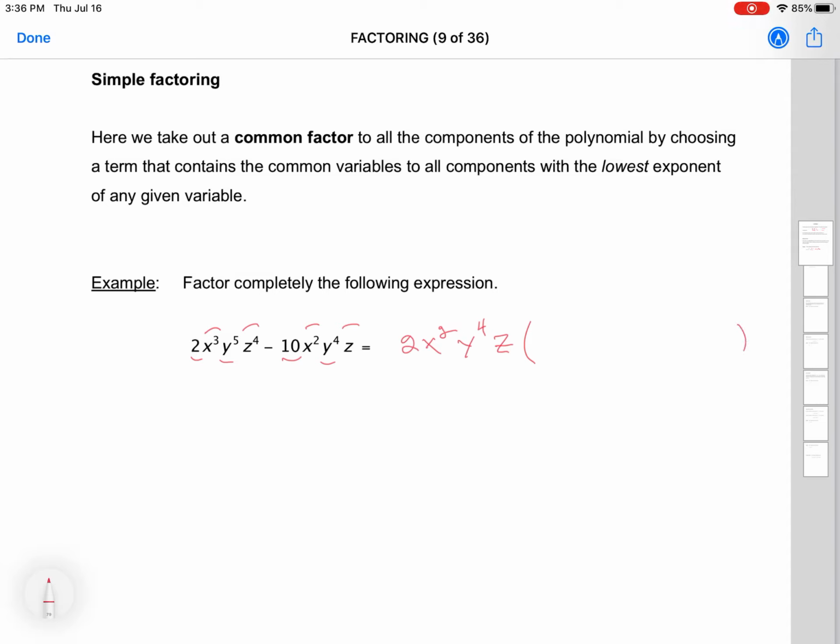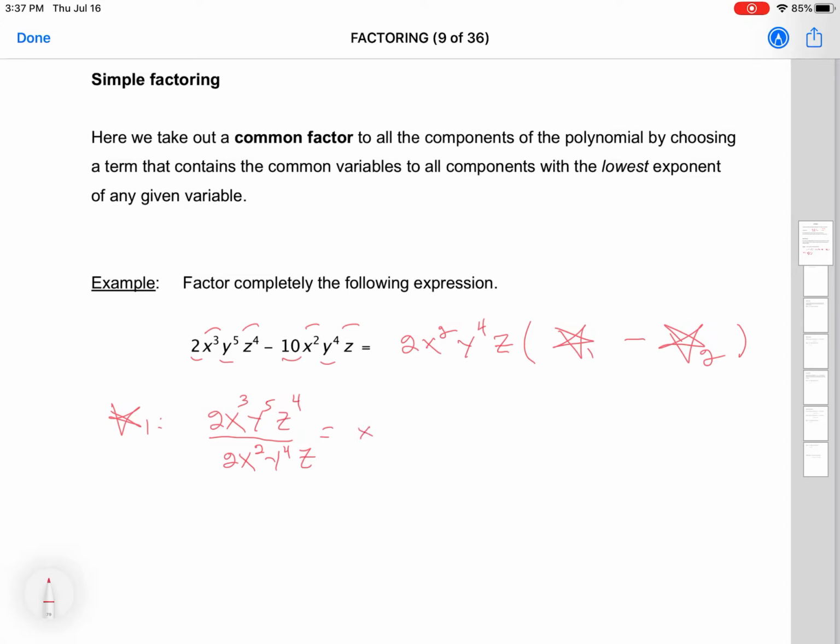So the idea is now to fill in this bracket with these terms, call them star 1 and star 2. And how do we find them? Super simple. For star 1, we take the first term and divide it by the common factor, and we let the rules of exponents do the rest.